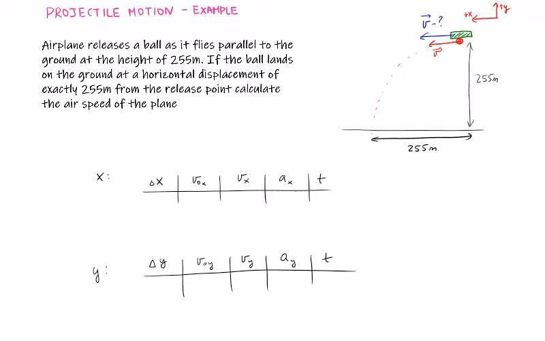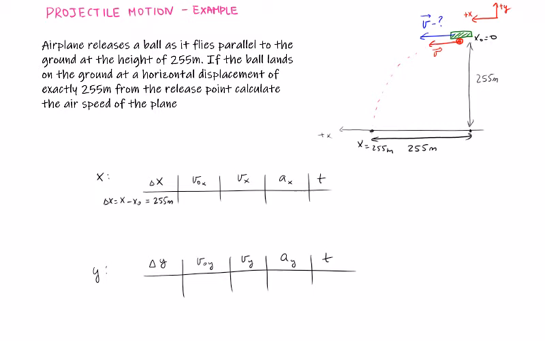So the delta x is, if we consider x initial to be 0, which is right here, and x, the final position of the ball, would be 255 meters. So delta x equals x final minus x initial, which equals 255 meters. Remember, it's positive because going to the left is my positive x.